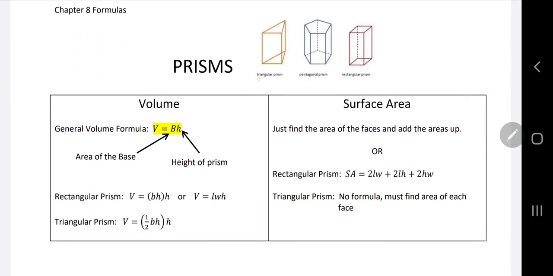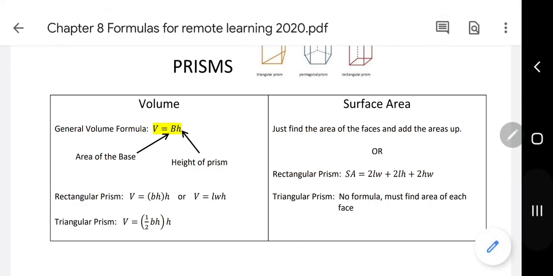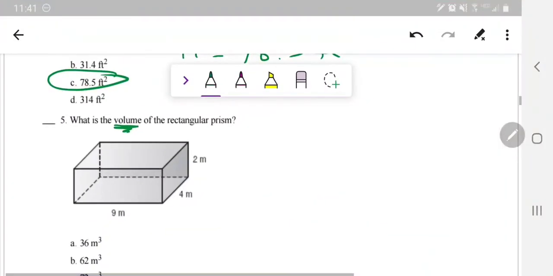So we have prisms, and we're doing volume, so we go to the left box here, and it looks like we have volume equals big BH. Or we can see down a rectangular prism, it's already adjusted the big B to be B times H, or we can do the volume equals length times width times height. So let's check that out.